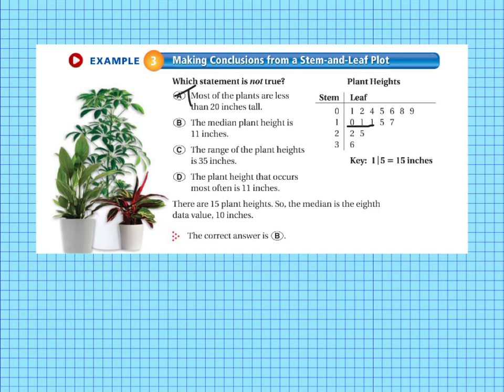And the median plant height is 11 inches. Finding the median with a stem and leaf plot is super easy because all of your numbers are already in order. So we can cross out our highest number and our lowest number, and our highest and our lowest, and you just keep going.